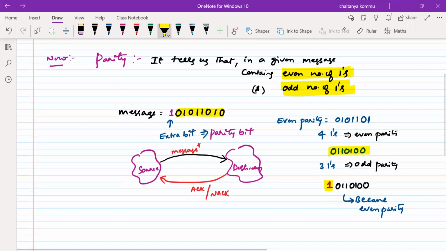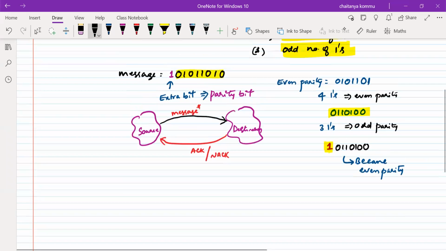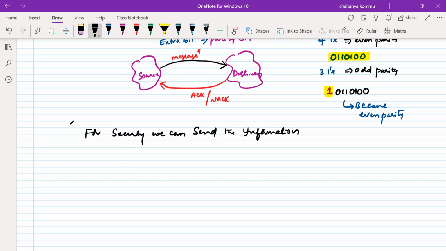What is the basic reason for using the parity information? Securely, we want to send the information from source to destination. That is what we have to remember. As I mentioned, the parity bit at the MSB is not at all suitable.